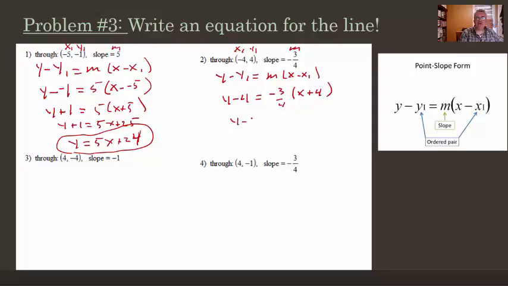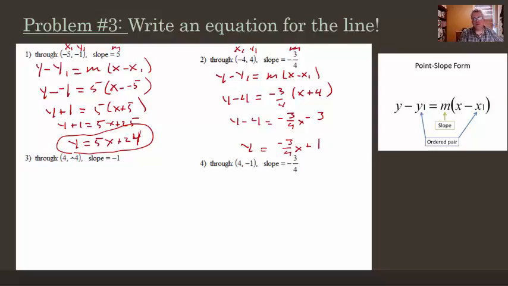Now let's distribute. y minus 4 equals -3/4 x. -3/4 times 4 is -3. You can do that on a calculator. And I'm going to add plus 4 on both sides. So when I add plus 4 over here, that cancels. I get y equals -3/4 x. When I add 4 to this, I get plus 1.